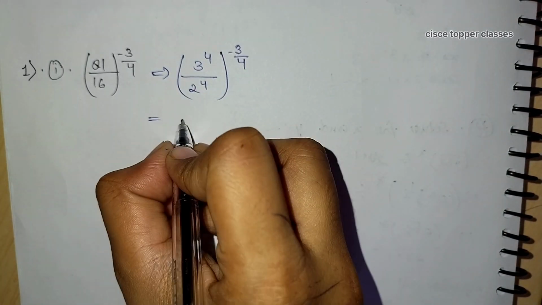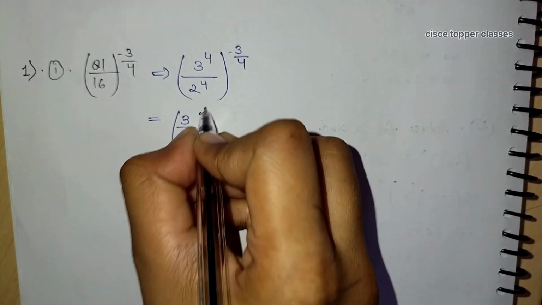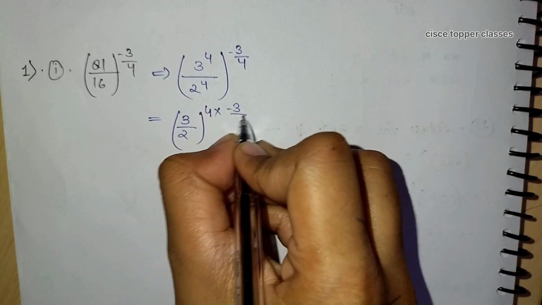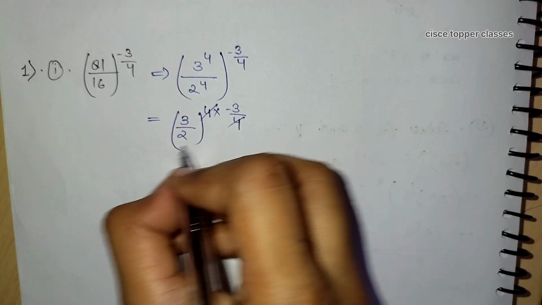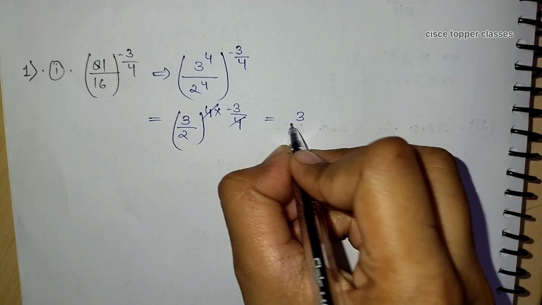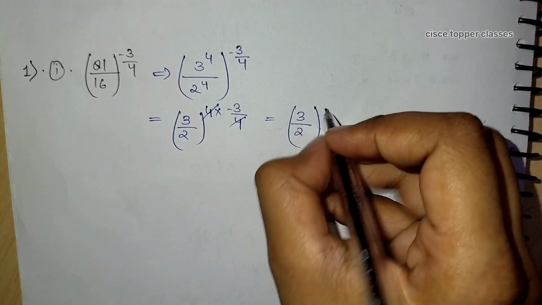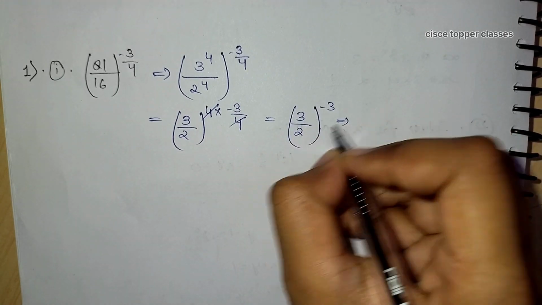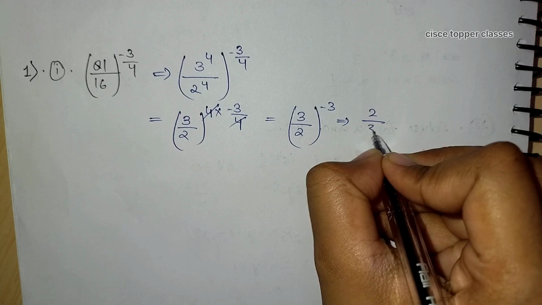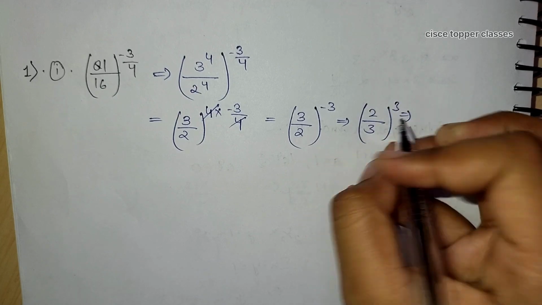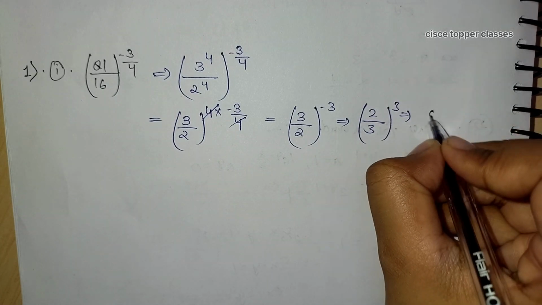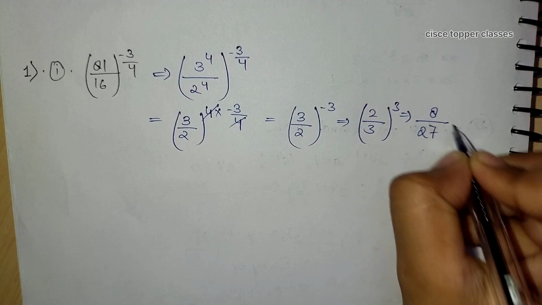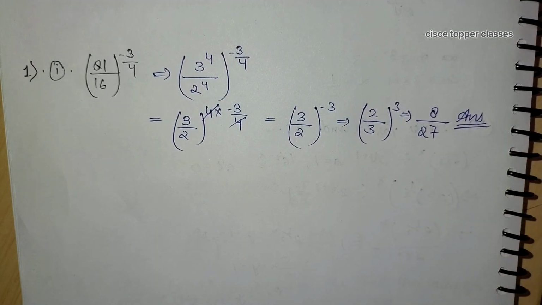So we can write it as (3/2)^(4 × -3/4). This will be cancelled out and here we will get (3/2)^(-3). We can write it as (2/3)^3. So we can simplify as 8 divided by 27 as the answer here in this question.